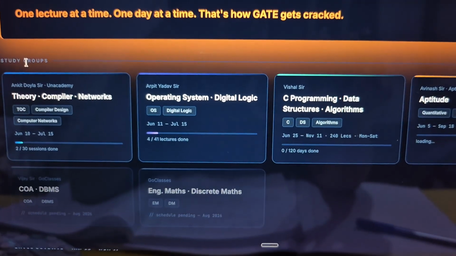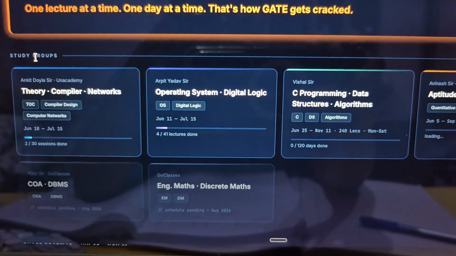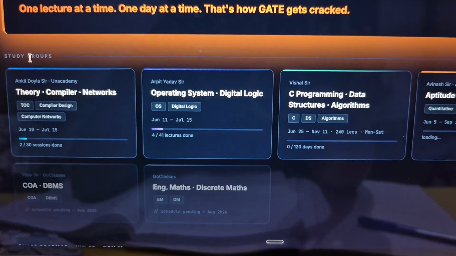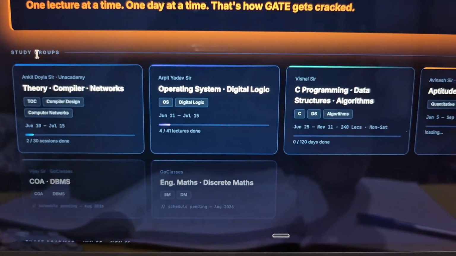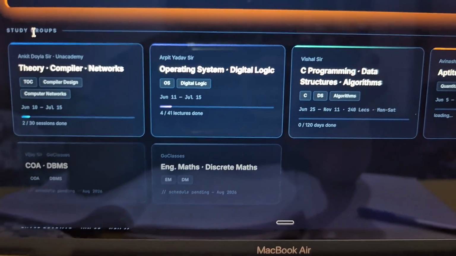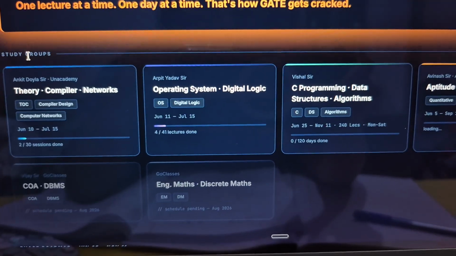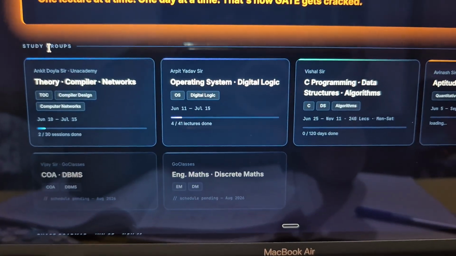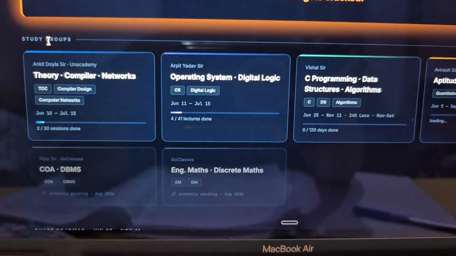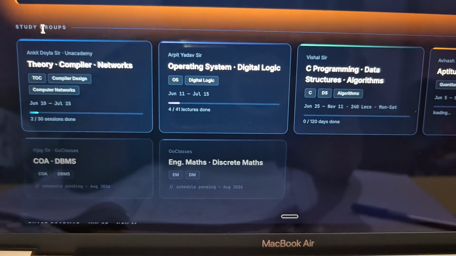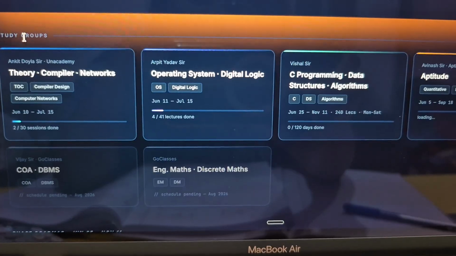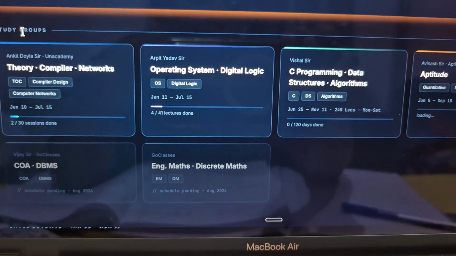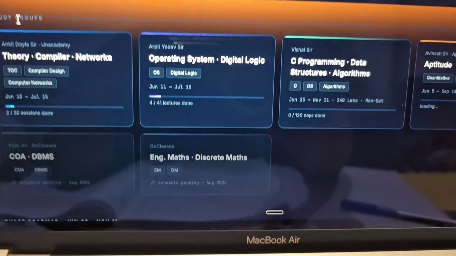We have come a long way since I started the channel, and now it's a strong channel. I could see it is growing day by day, and I really want that to grow until the GATE exam, and after that also. It's a very important journey, and it does feel great that this many people have joined this channel.